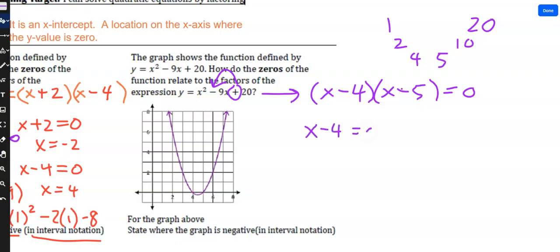Only if this equals 0 or if this equals 0. So x equals 4, which matches. x equals 5, that matches, right?